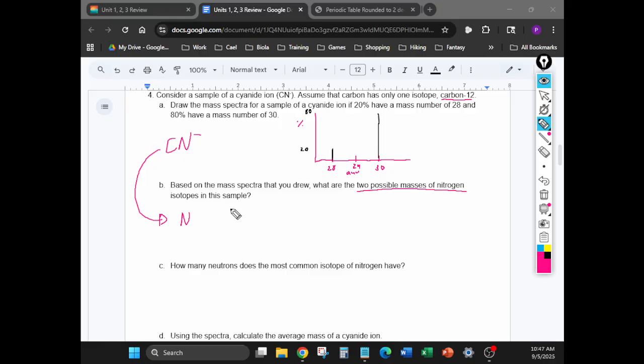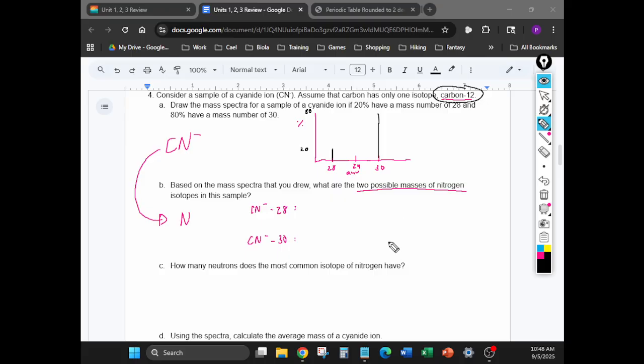So we have to look at what we have for cyanide: CN- dash 28 and CN- dash 30. These are our two different types of cyanide. The trick for this problem is to remember that carbon can only be carbon 12. There's only one isotope. So the difference in the masses comes from the nitrogen.